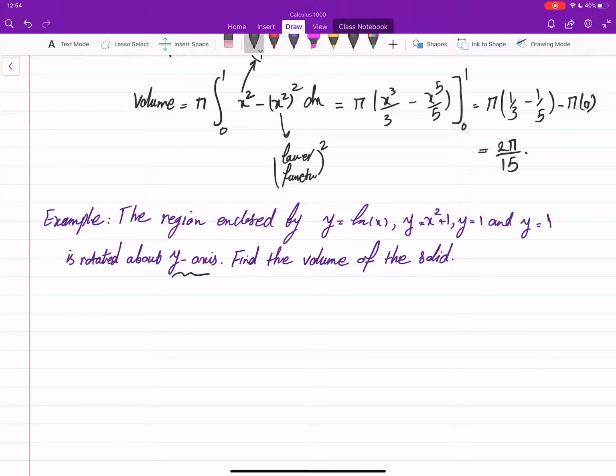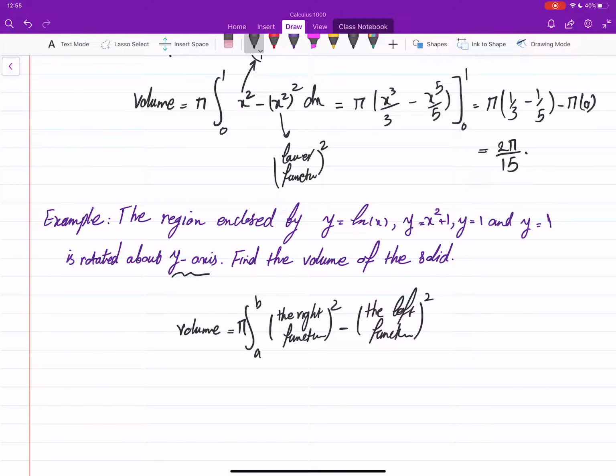This time, the only difference is that everything will be written in terms of y, so the volume is going to be the integral from a to b of, this time the upper square minus lower square will turn to the right function squared, there's a pi outside, minus the left function squared. Everything in terms of y, and then dy.